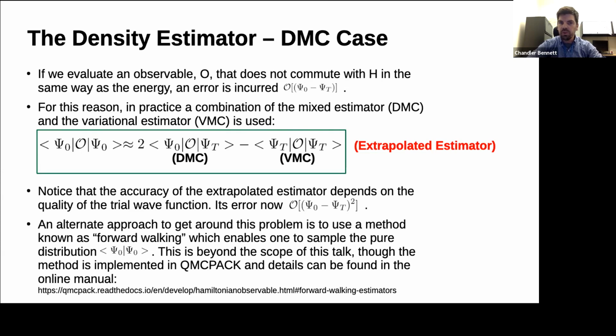And so the result does indeed depend on the quality of our trial wave function. To improve upon this in practice, we actually use a combination of the mixed estimator, say from DMC, and a variational estimator, say from VMC. And that looks like the following.